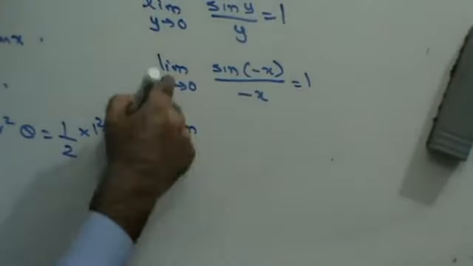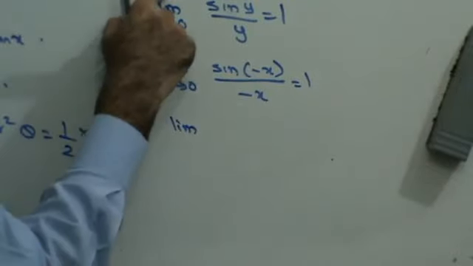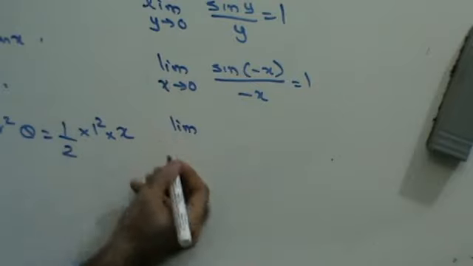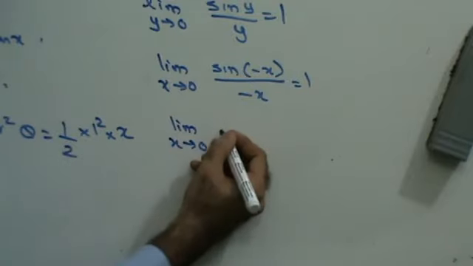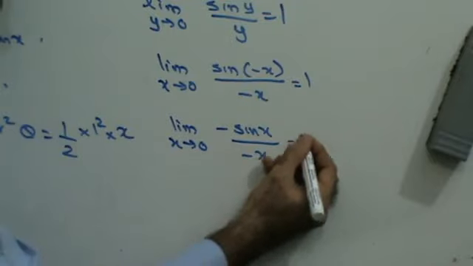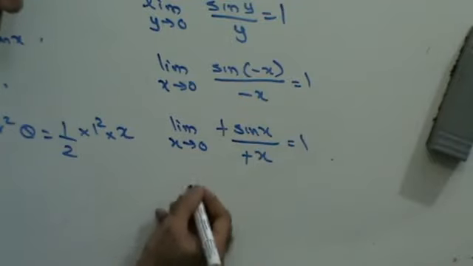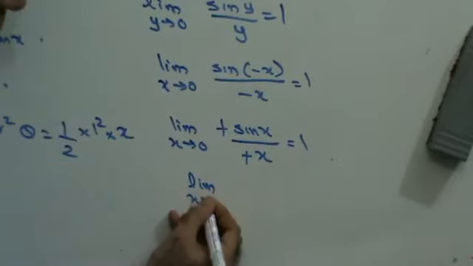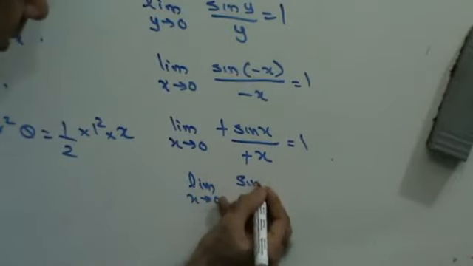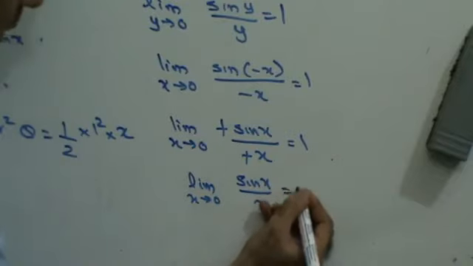So limit of x tends to 0, minus sin x upon minus x is 1. Cancel. So you will get for negative angle also limit of x tends to 0, sin x upon x is equal to 1.